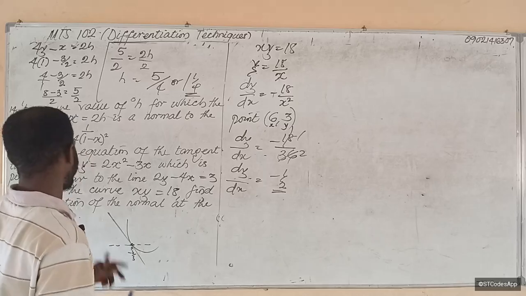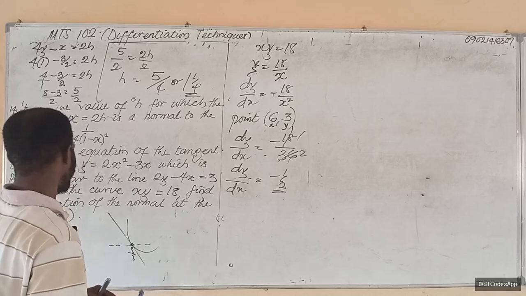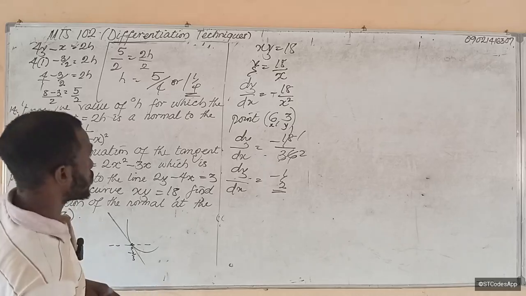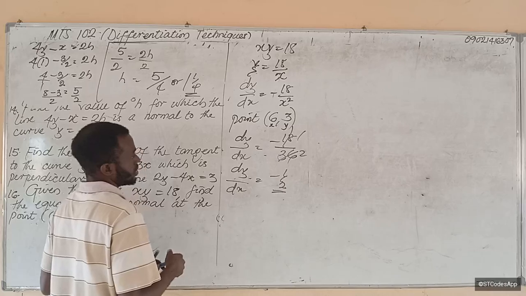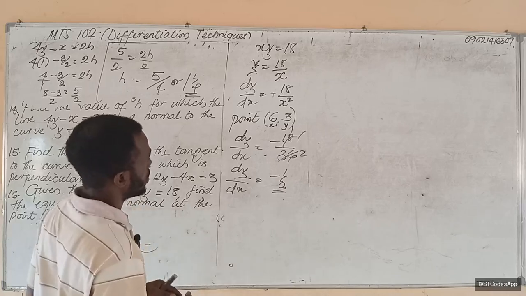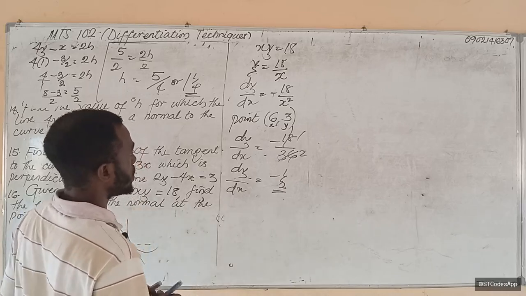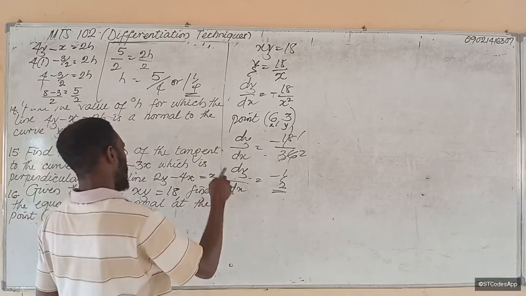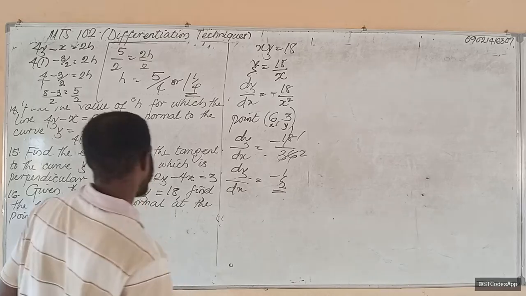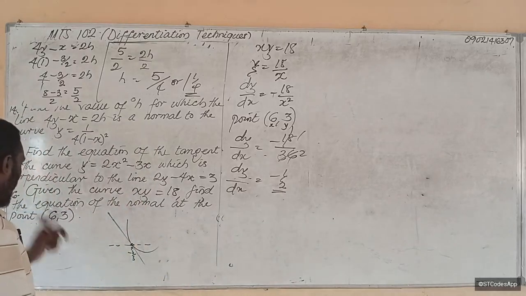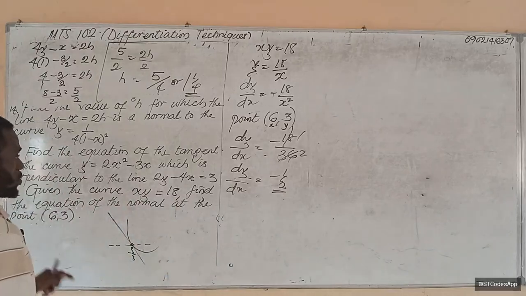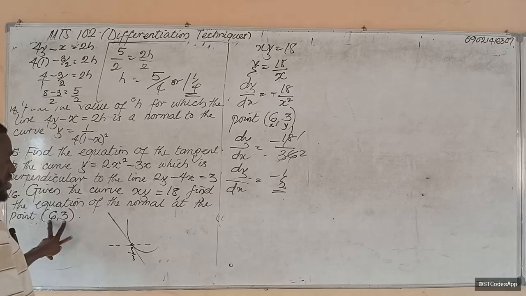This is the value of our dy/dx, the gradient. So we find the equation of the normal at that point. We already have our x and y values now.